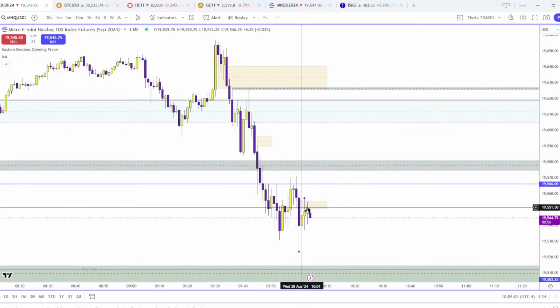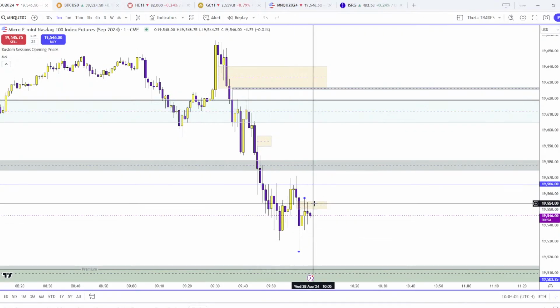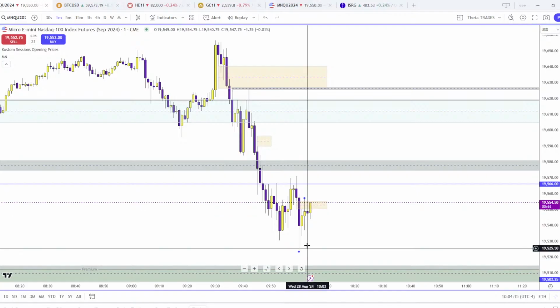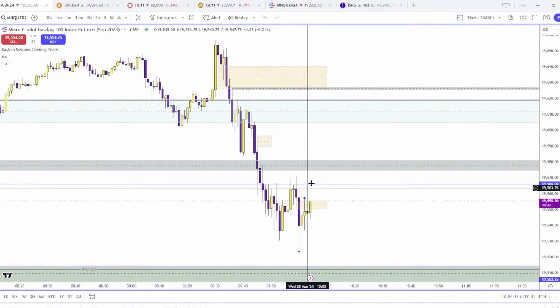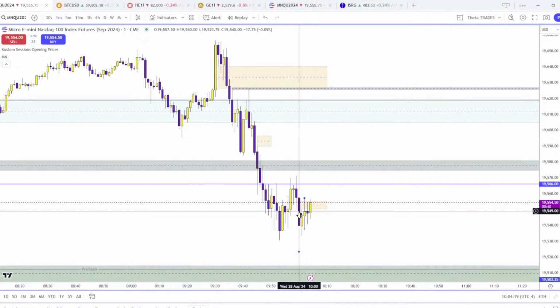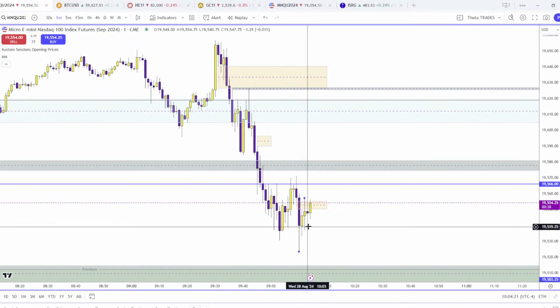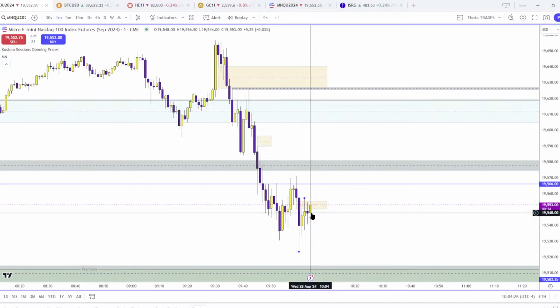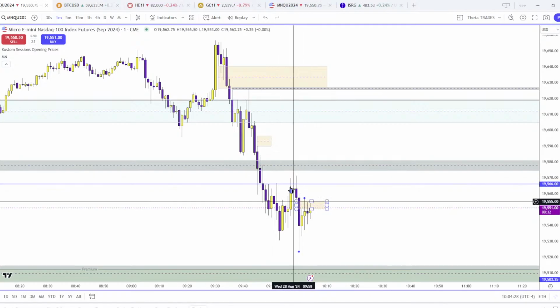This fair value gap here is finding support for you to go lower. I want to see it get through here and close above this. Ideally, you want to see it get above.